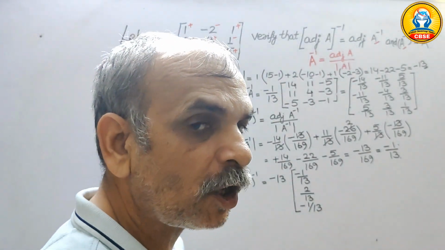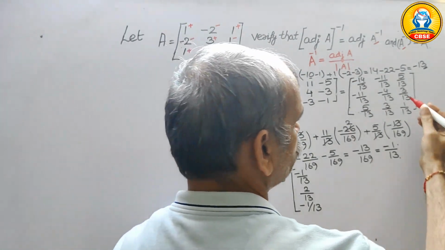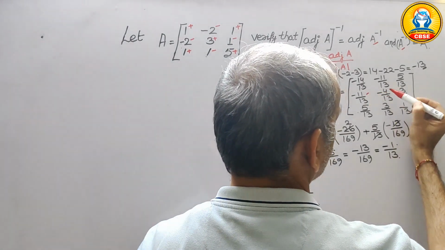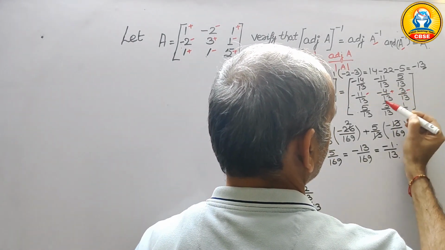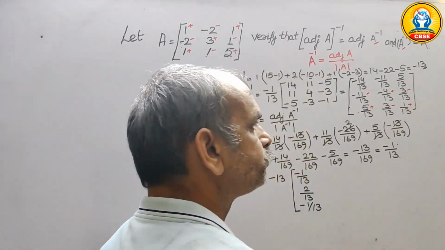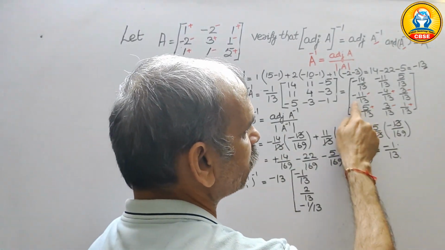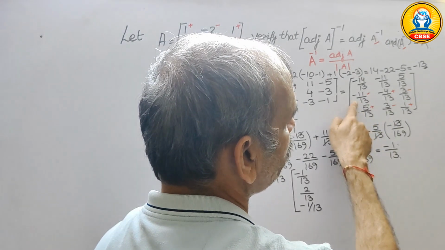And the position is what? Negative only that. So just we will write the position. This is negative. This is positive, negative. This is positive, negative and positive. Now this element. So this element, that means it will be what?